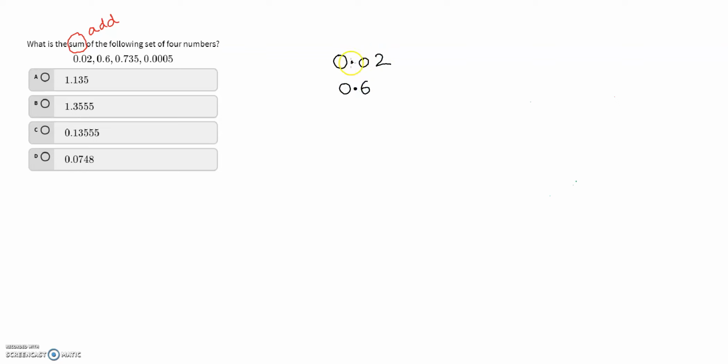Keep in mind the decimal point goes under the other decimal point. The third number is 0.735. The last one is 0.0005. Now I will fill up the missing digits with 0 so that it's easier for us to add without using a calculator.